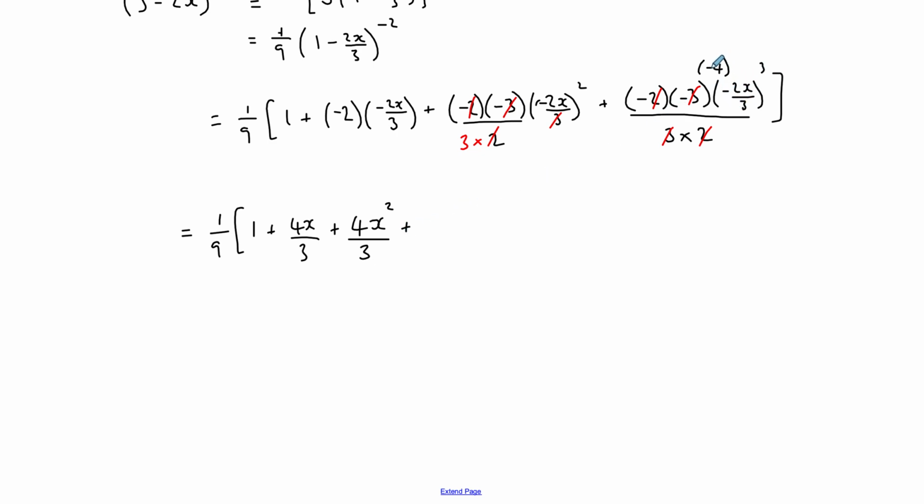That's going to cancel with that negative there, and then I've got 2 more negatives which are also going to cancel. In terms of on the top of the fraction, I've got a 4 and a 2 cubed, that's 8, so 8 4s are 32. And on the bottom, I've got 3 cubed, which is 27.